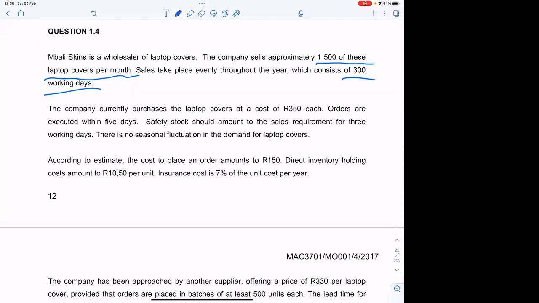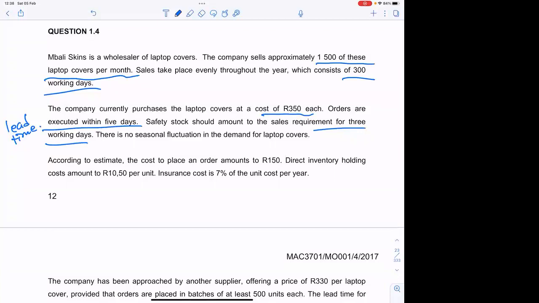The company currently purchases the laptop covers at a cost of 350 Rand each. Orders are executed within 5 days, which we said is our lead time. Safety stock should amount to the sales requirement for 3 working days.